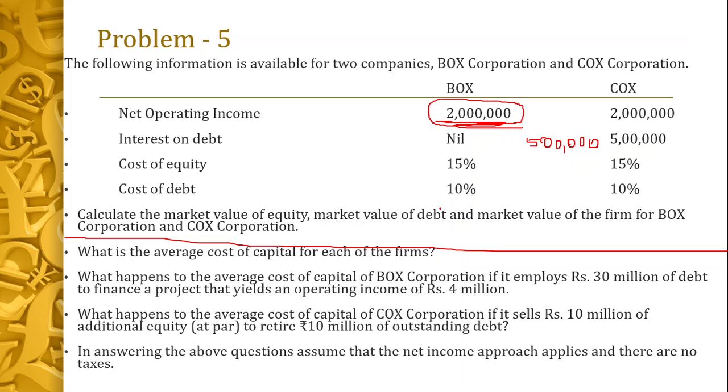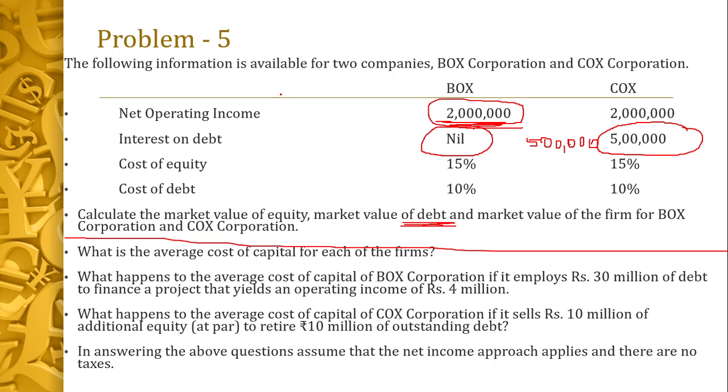But one thing worth noting here is that since interest for Box Corporation has been given nil, for Box Corporation there would not be any debt. And for Cox Corporation they have given interest, which simply means the total value of debt could be calculated.